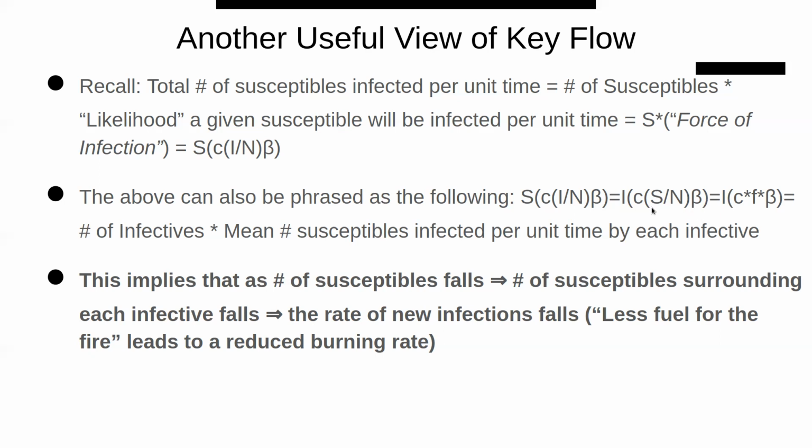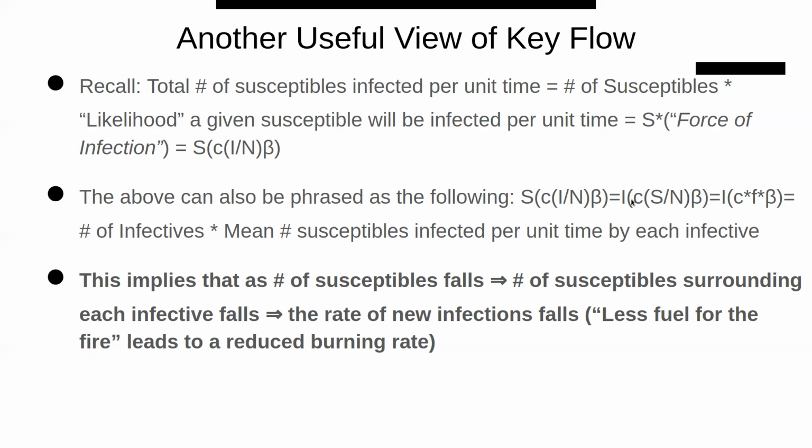This term here, C times S over N times beta, is the number of susceptible people being infected by a given infective per day. So C times the fraction that are susceptible times beta gives us the number of people that each infective infects per day.